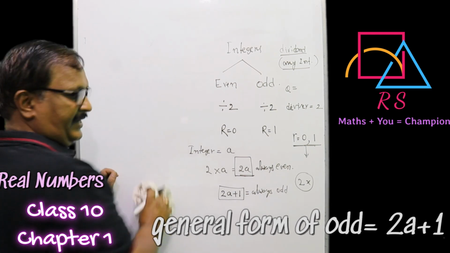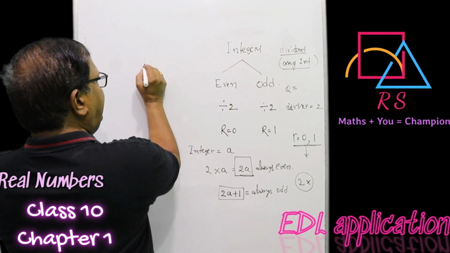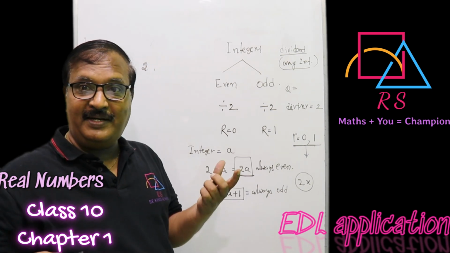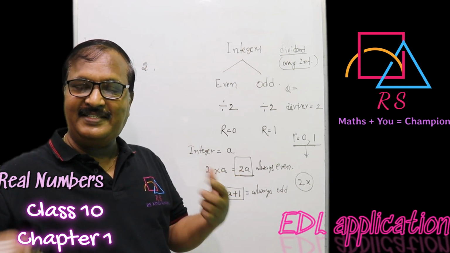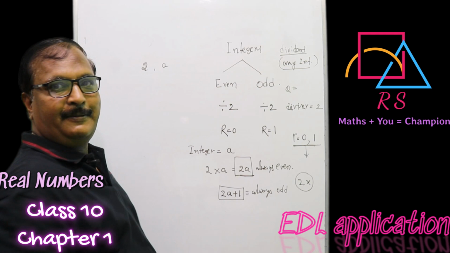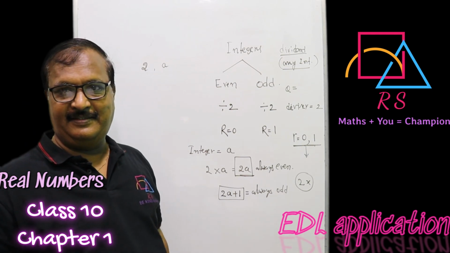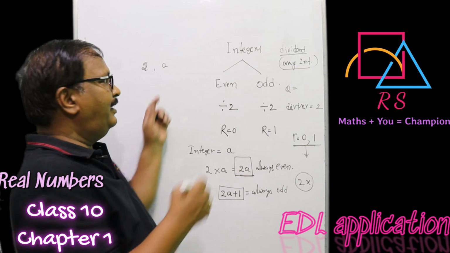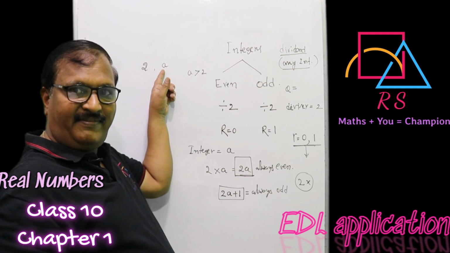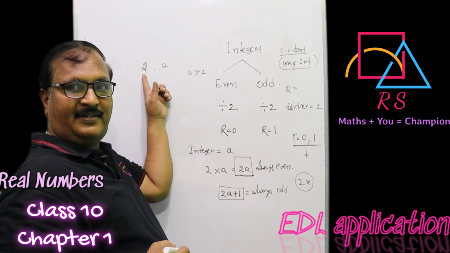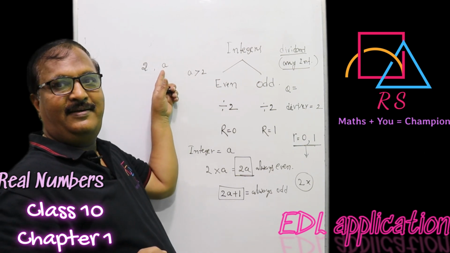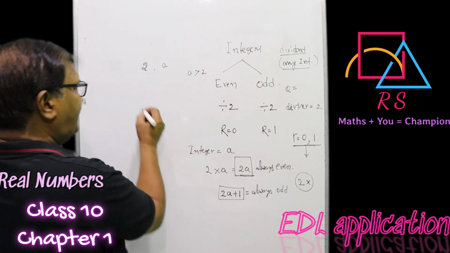One number is 2, and another is any integer, let us say a. What is the condition for a? a should be greater than 2, because this is the dividend, and the dividend should always be greater than the divisor. That means it should be 3, 4, 5, etc.